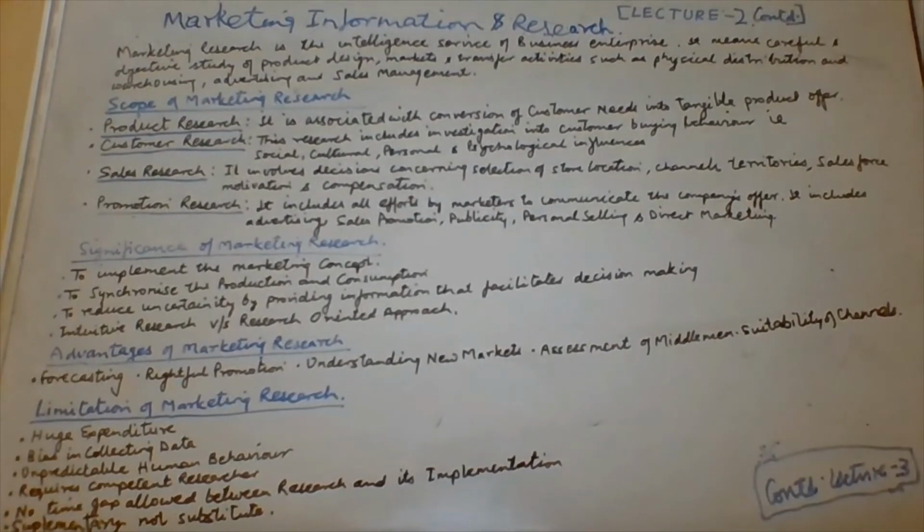If the implementation takes a longer time, the findings of the research may not be appropriate, because, as I've discussed earlier, the outer environment changes very fast. No matter how good the findings are, no matter how much hard work has gone into it, if it is not implemented in time, the desired results will not be obtained.